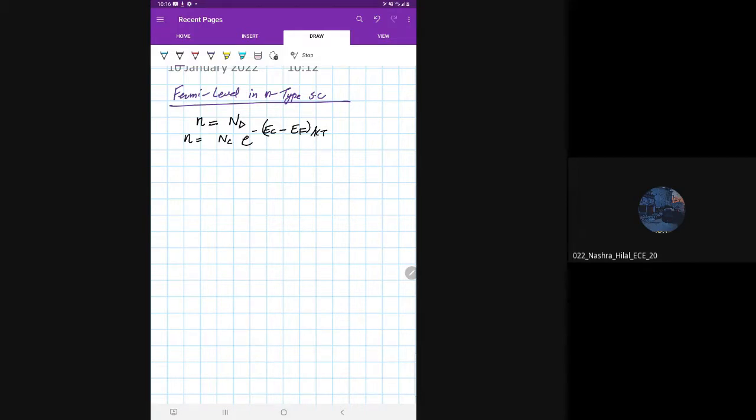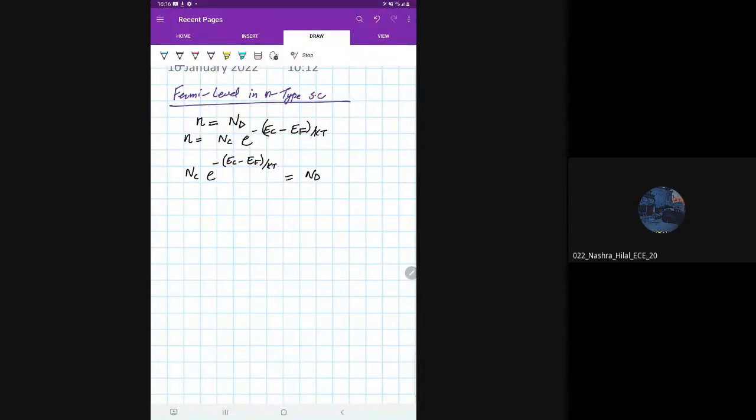And therefore, we can say that Nc e to the power minus (Ec minus Ef) divided by kT is equal to Nd.